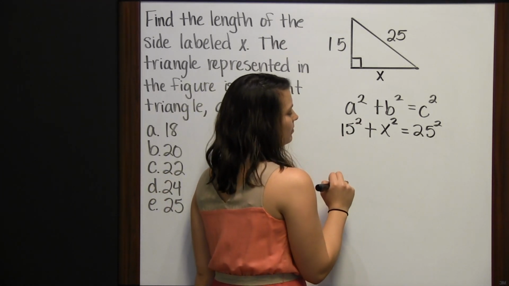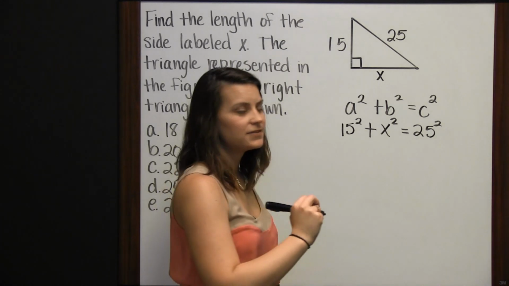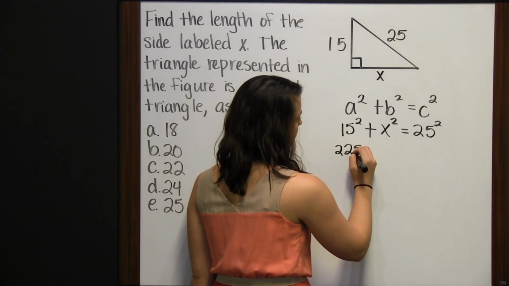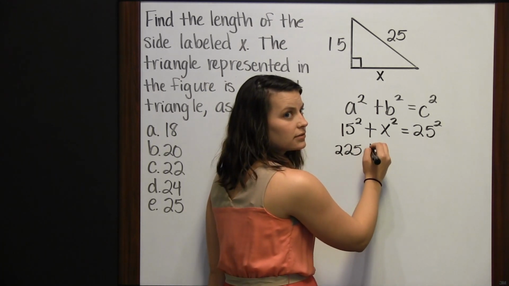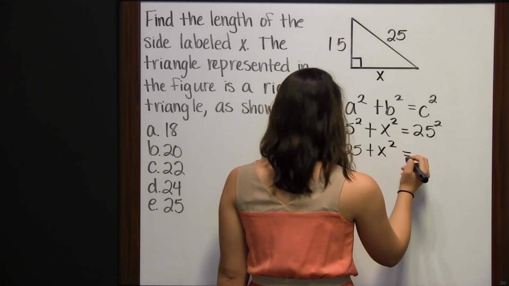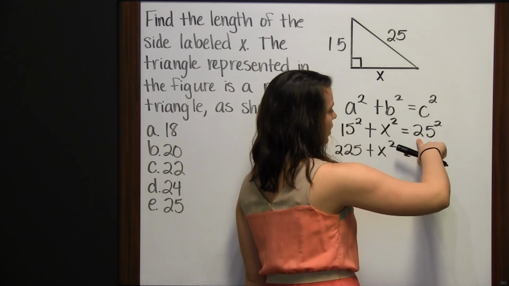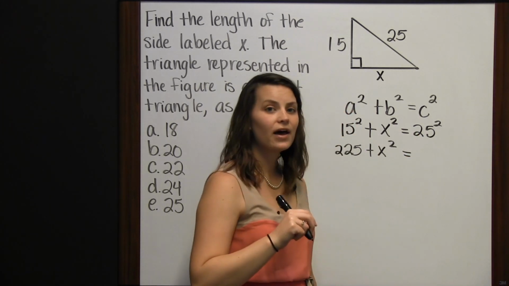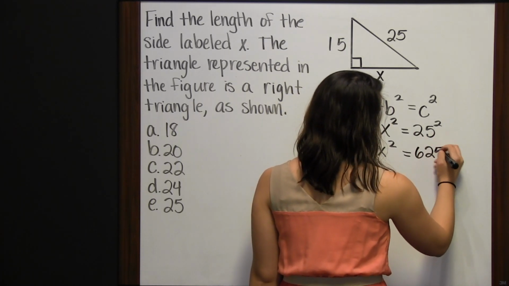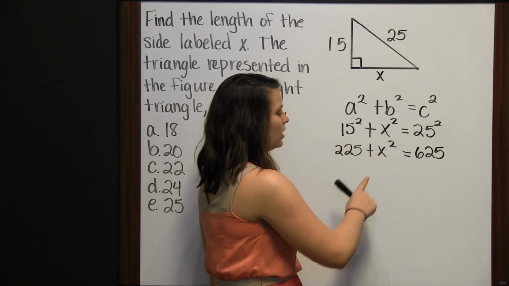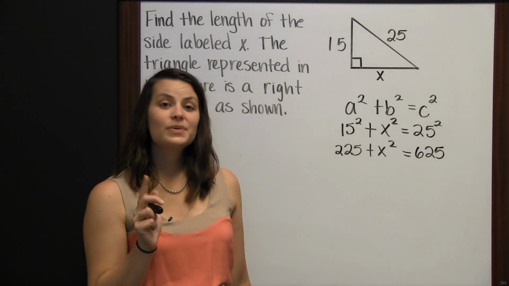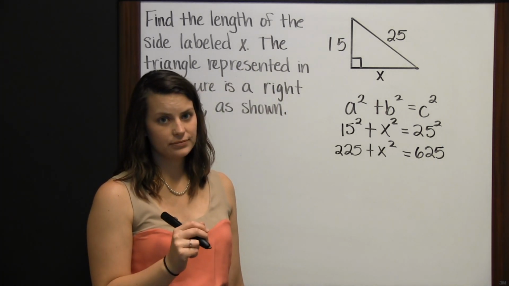15 squared means 15 times 15, which is 225, plus x squared is equal to 25 squared, which is 25 times 25, or 625. Now we're trying to find what x is, which means we need to get x alone.